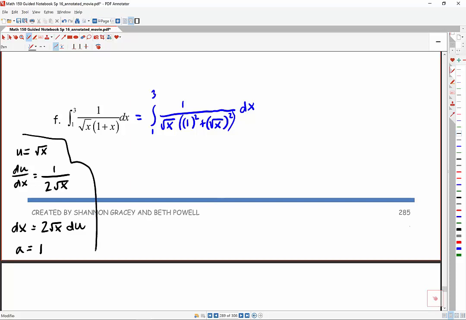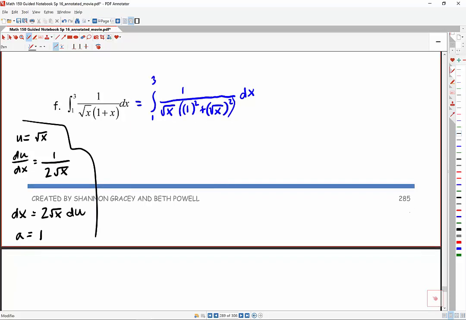So let's see how all this shakes out. What else are we going to have to do? Good, we have limits of integration that we've got to take care of. So u at 1 is equal to the square root of 1, which is 1, and u evaluated at 3 is the square root of 3.